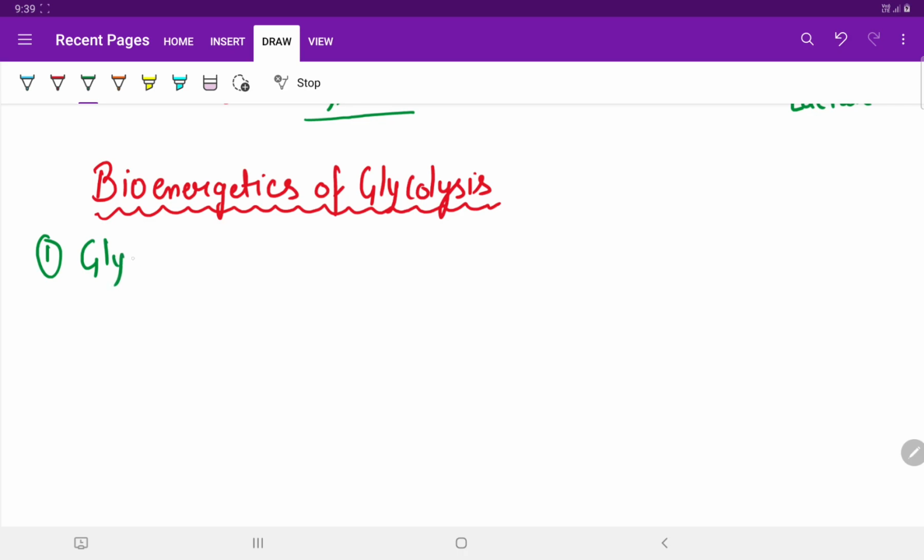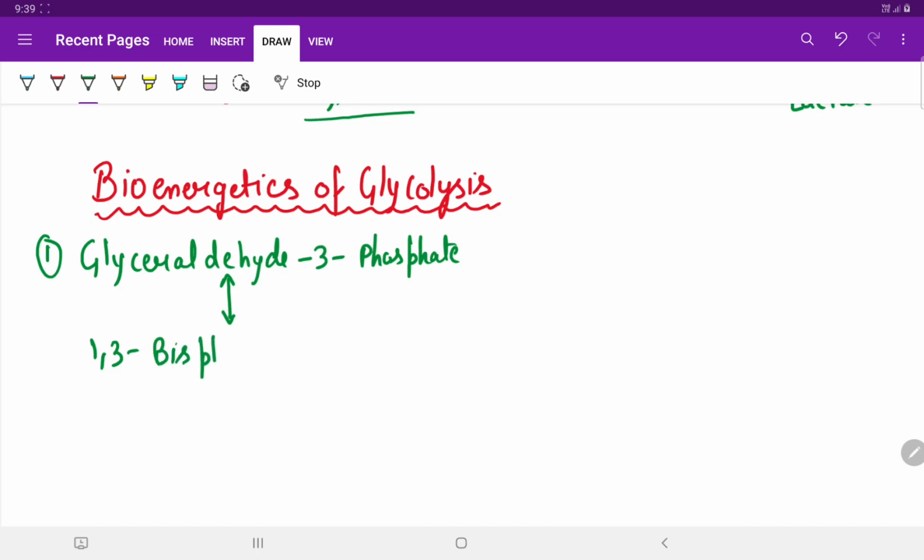So the first reaction where the energy generation is there is from conversion of glyceraldehyde 3-phosphate into 1,3-biphosphoglycerate. So this reaction occurs in presence of enzyme glyceraldehyde 3-phosphate dehydrogenase.